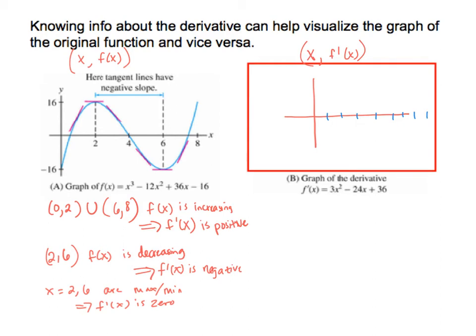So therefore, on the derivative graph, if they are zeros, then they are x-intercepts at 2 and at 6. We have stated that from 0 until 2 and 6 until 8, that the derivatives are positive. And between 2 and 6, the derivative is negative.